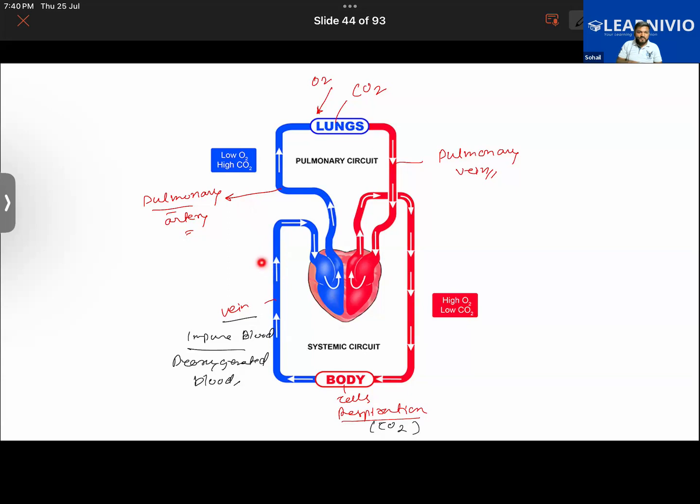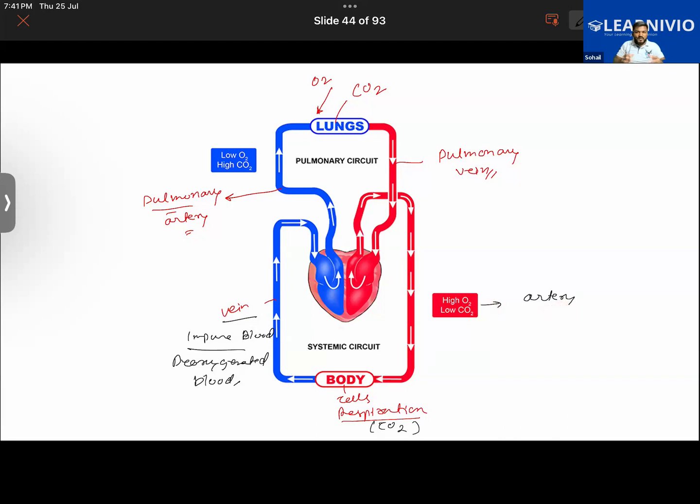Although generally arteries are known to carry pure blood having high concentration of oxygen, like this one over here is the artery. Look at the arrow, the heart is pumping the oxygenated blood to the body in the artery. So far it is clear to everyone.